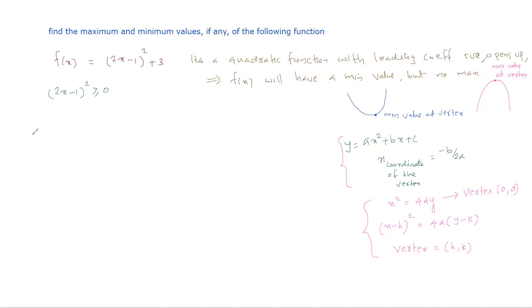Whatever the value of x, whether it is positive or negative, whatever number you get for 2x − 1, when you square it, the square is always non-negative. So that means (2x − 1) the whole square plus 3 is always greater than or equal to 3. So you can say minimum value is equal to 3. Common sense.